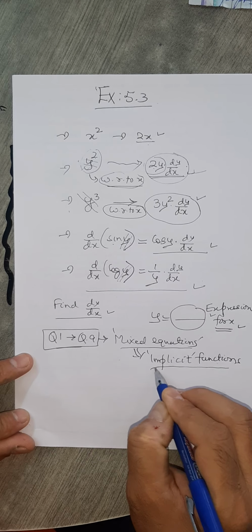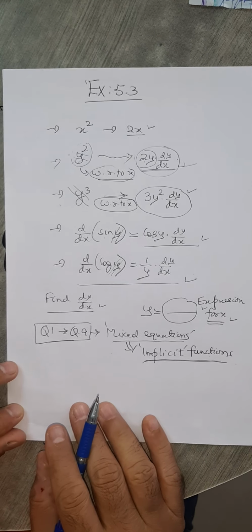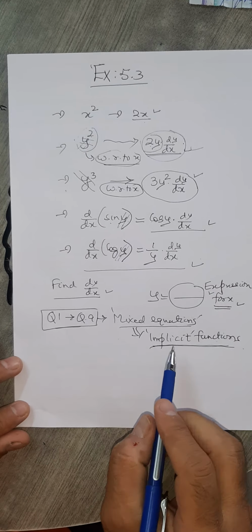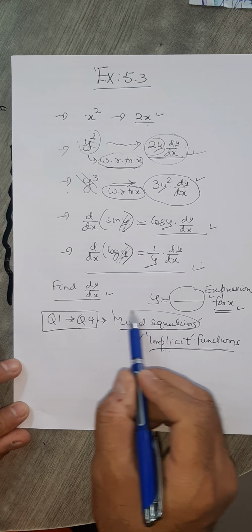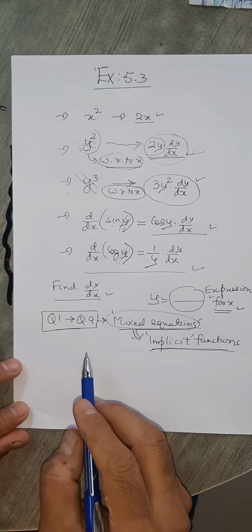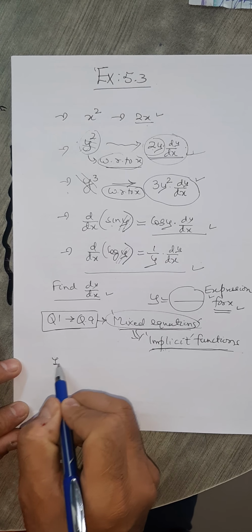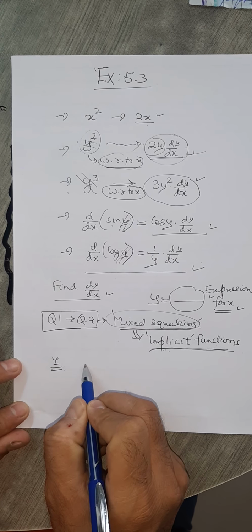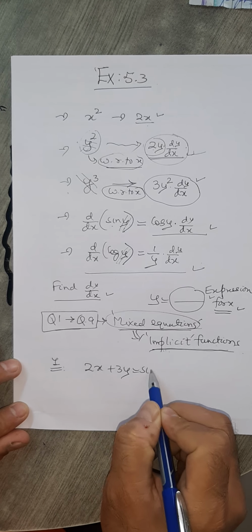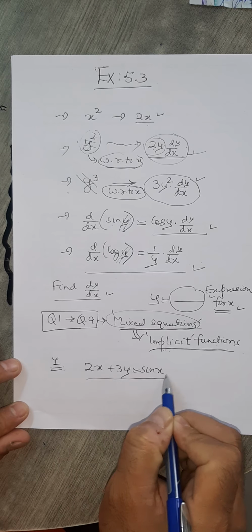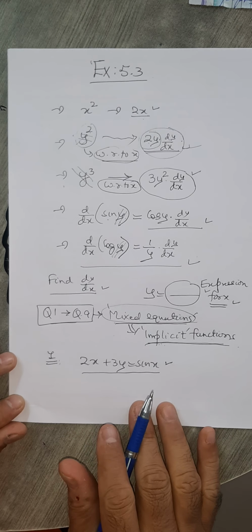Implicit functions. Okay. So let's see how to do the derivative of implicit functions. Implicit means mixed equations about variables. You see question number 1 here, first question. 2x plus 3y equals to sine x. This is a mixed equation, remember, about x and y.